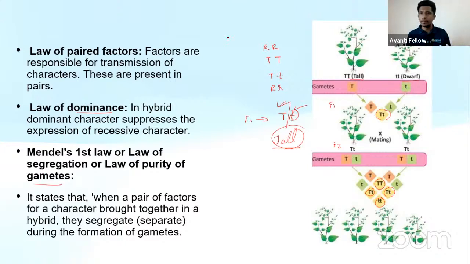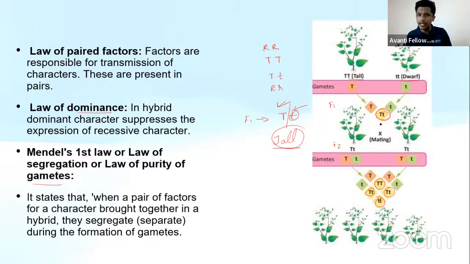To understand the law of segregation, we have to understand how the cross went on. Initially, when Mendel took a tall plant and a dwarf plant, both of them were pure. When he crossed them, in the F1 generation he got capital T and small t. All of them were tall, but all of them were heterozygous.